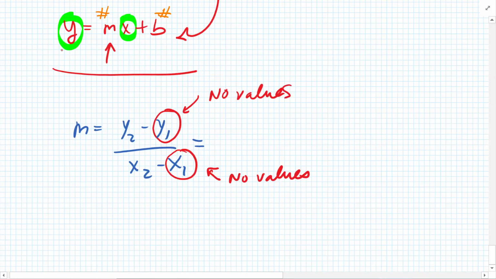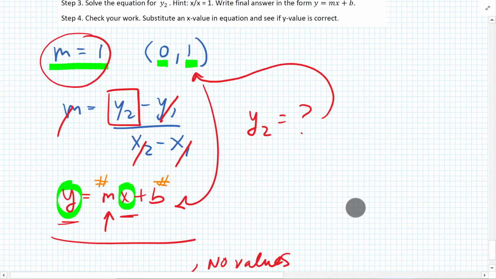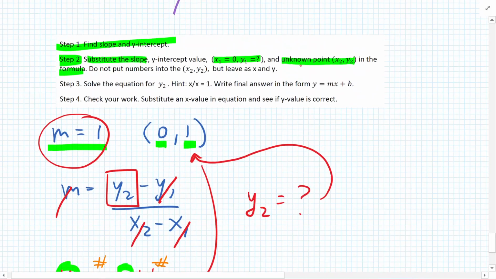Because we want them, in the end, to stand alone as a y and an x. Okay, so we have one equation with a y and an x term with no values put in. That means we're not going to put numbers in them. We're going to leave them as the letter variable. The two unknown values. Okay? That is what is meant by an unknown point, x2, y2.